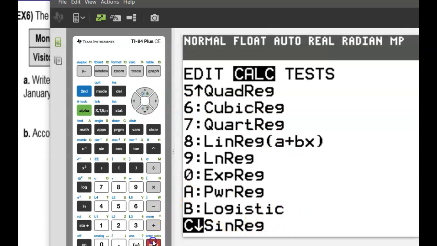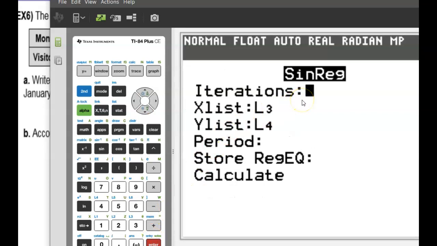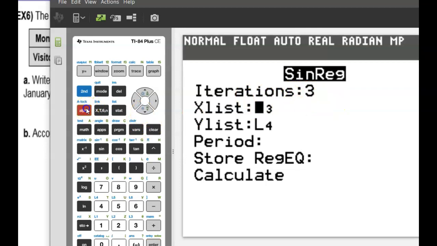You're going to hit enter, but then, if you have this newer calculator, it says iterations. It defaults to 3, just leave that at 3. If you have an older calculator, you won't see that at all. Okay, make sure it says list 1 and list 2, because that's where you have stored them.